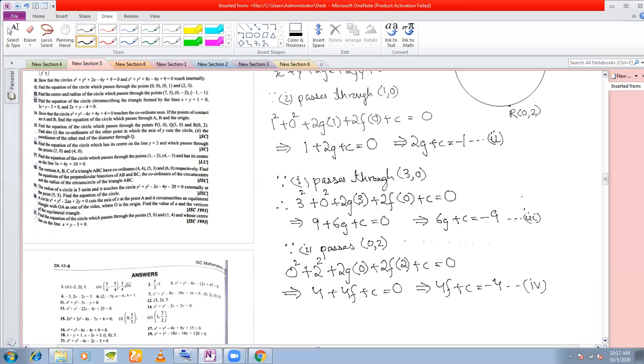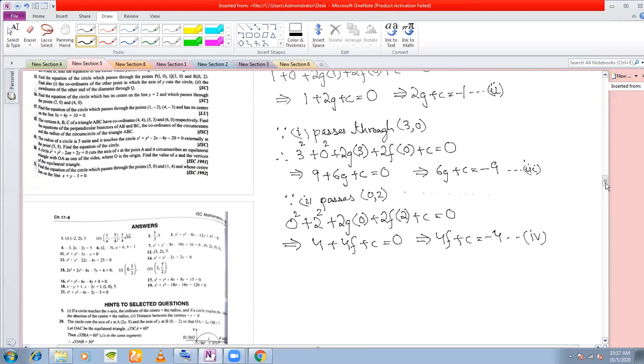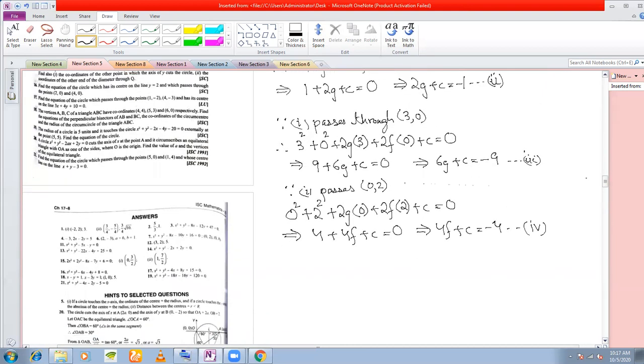So from 2, 3 and 4, we need to solve to get the values of g, f and c. So how do we solve these equations? Now consider 1 and 2. If you subtract 1 and 2, c will cancel. You'll only get the value of g.